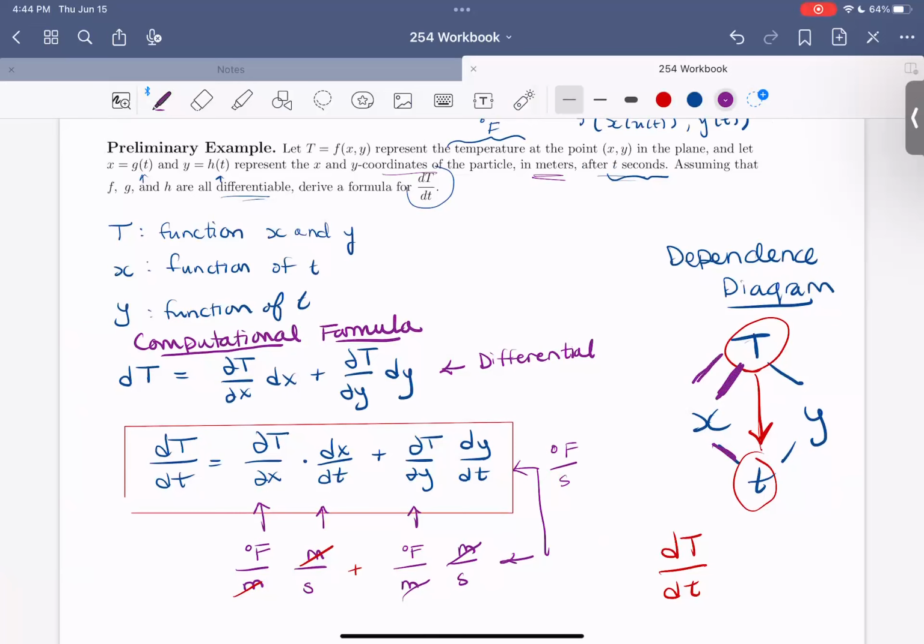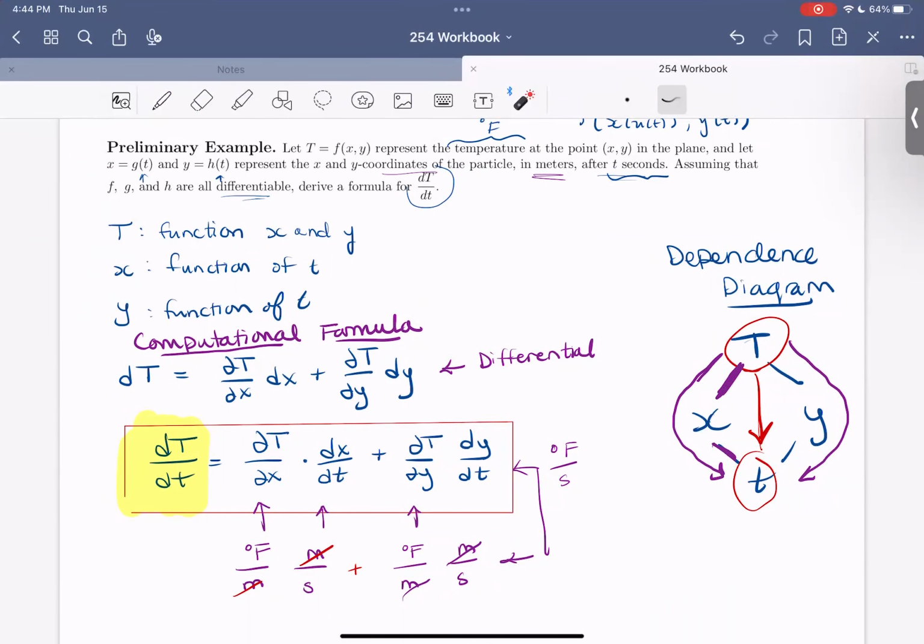So we have T going through x to little t, and then temperature going through y to little t. So for this derivative of temperature with respect to time, we have to consider both of the ways we can go from big T to little t.